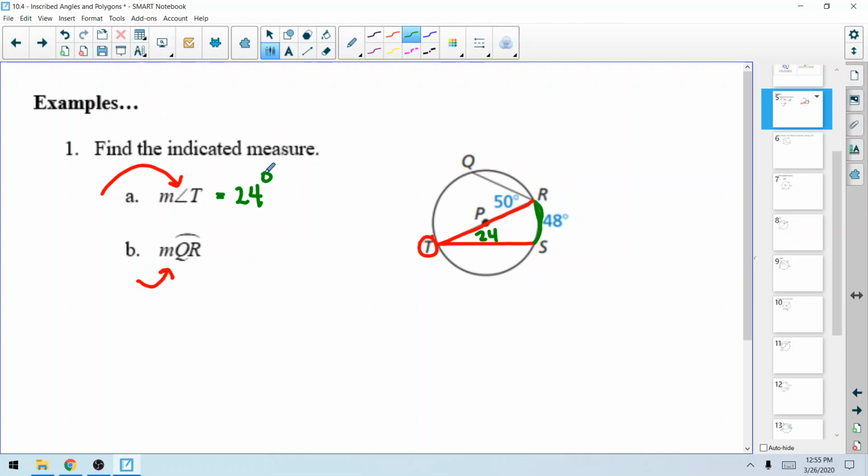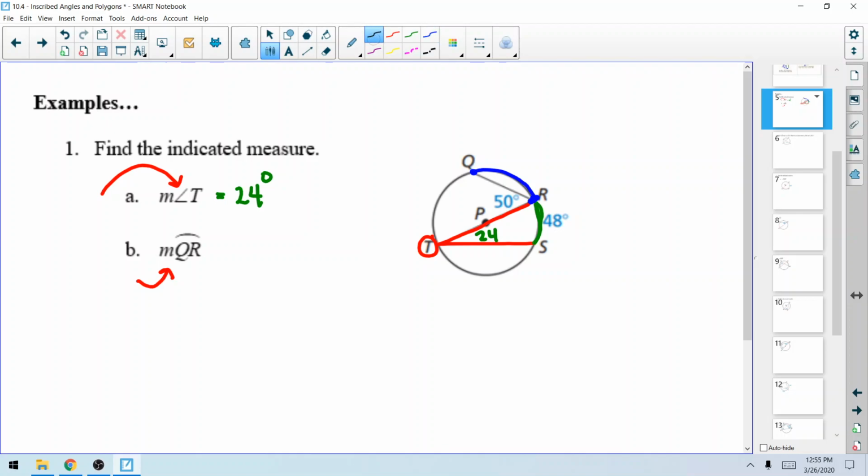Letter B, measure of arc QR. So QR is from Q to R. And because it's 2 letters, that tells me it's a minor arc, which means it's probably going to be less than 180 degrees. Now, I'm looking at QR, and I don't see any angles that directly intercept that.